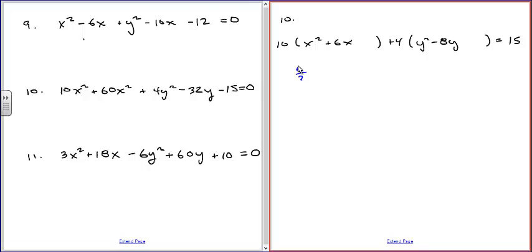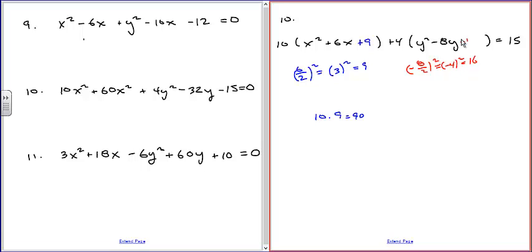Take 6 divided by 2. Square that. That's 3 squared, which is 9. So we add 9. But we're really adding 10 times 9, so that's 90. Here we take negative 8, divide by 2, square it, that's negative 4 squared, which is 16.